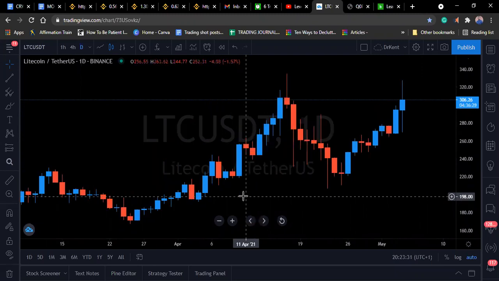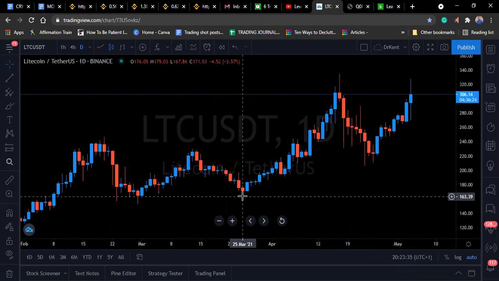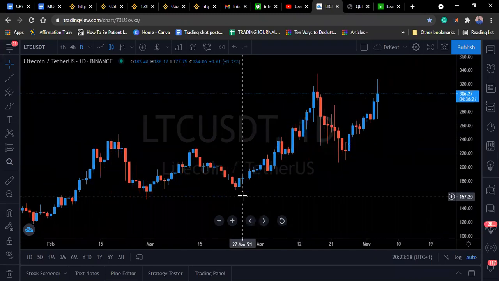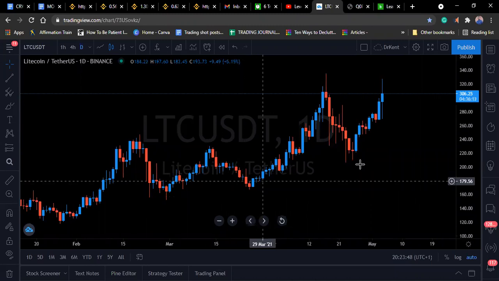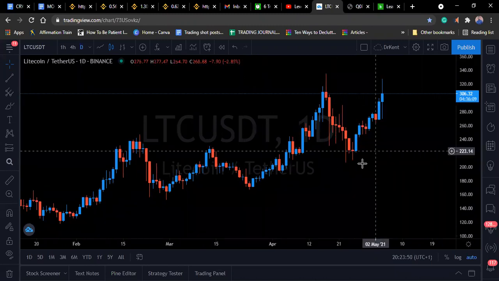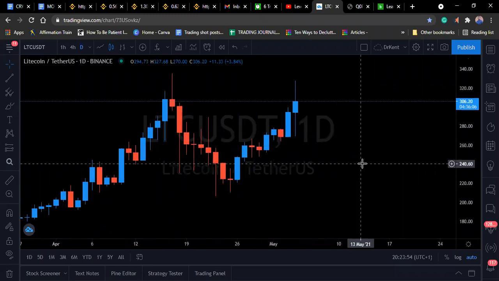This is the most popular in this generation, the most widely used. Why? Because it is much more detailed than even the bar chart. The bar chart is good. All the information you have on the bar chart is also here on these Japanese candlesticks, just that the Japanese candlestick has a little more detail.